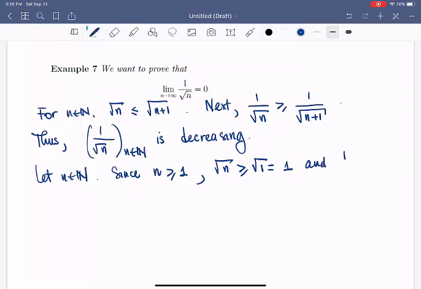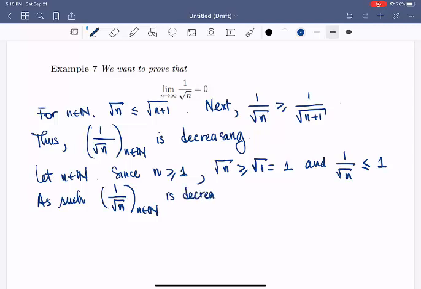And taking the reciprocal, we get this. As such, this sequence here is decreasing and bounded.